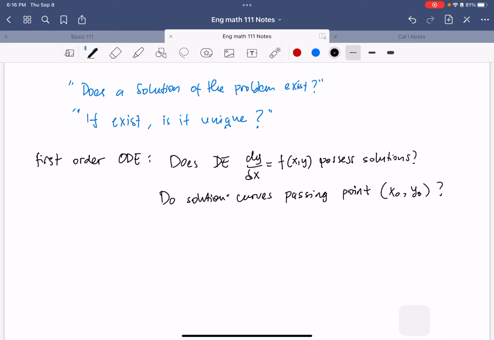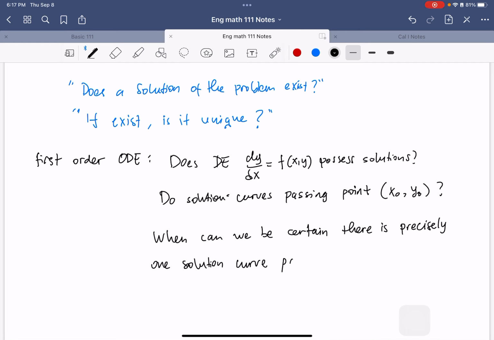And then another question: when can we be certain there is precisely one solution curve passing through x0, y0?